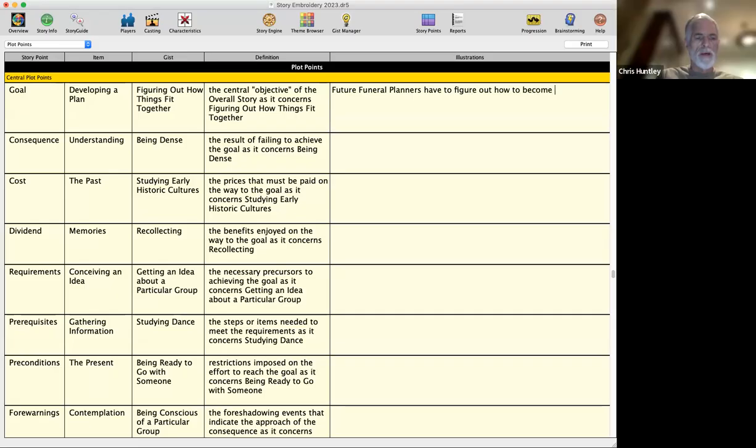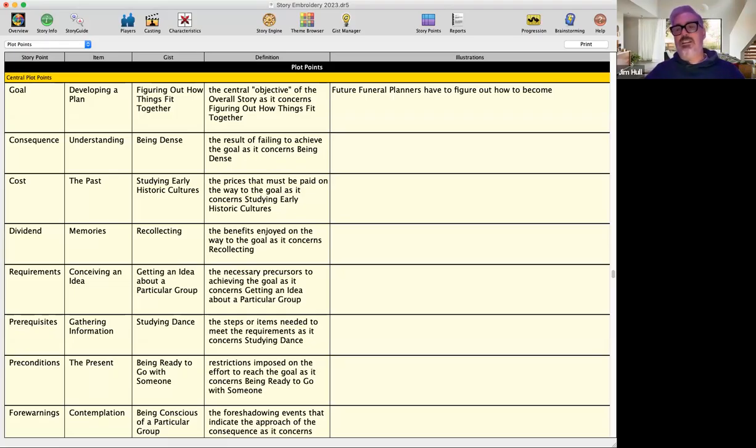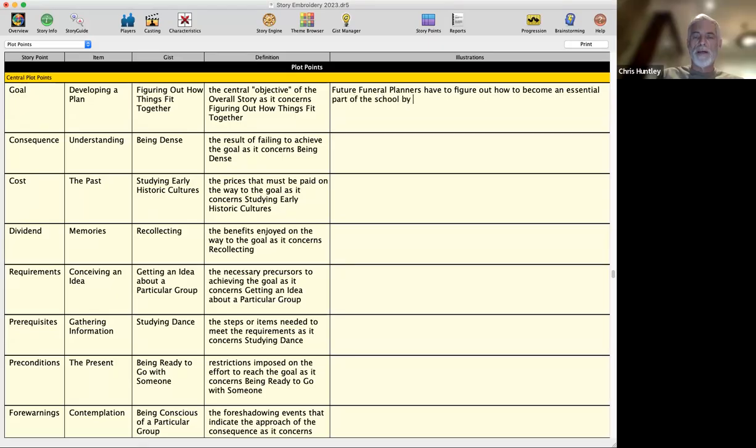Well, wouldn't that be a requirement? Yeah, you could, but let's just make it that it's for Spirit Week, because it's going to be a funeral, and it's probably what's his name's funeral. They have to figure out how to become an essential part of the school, specifically about Spirit Week.